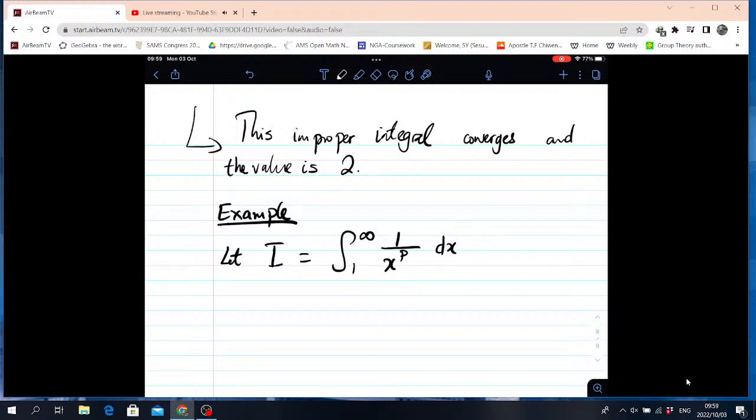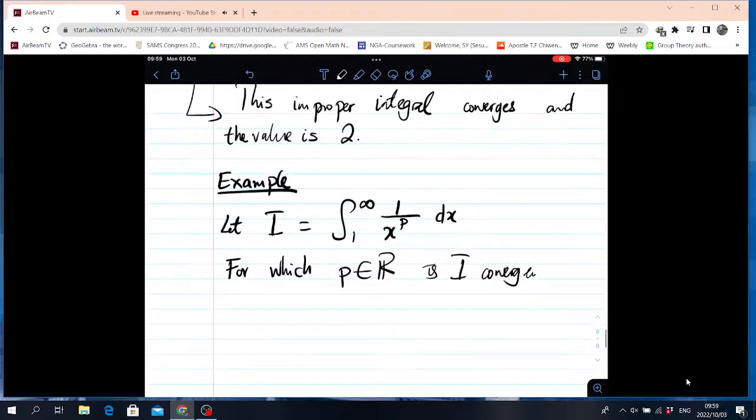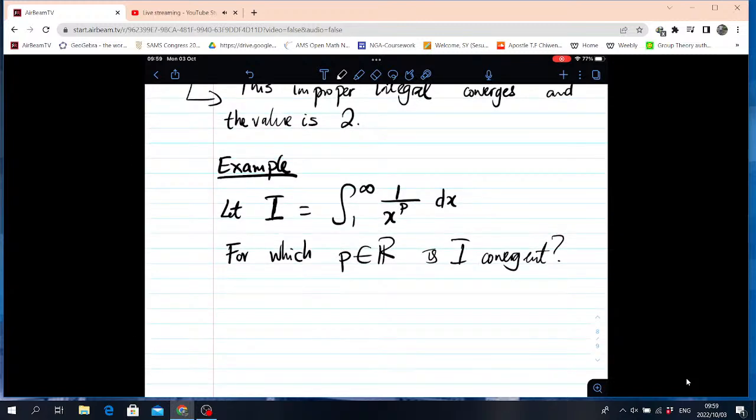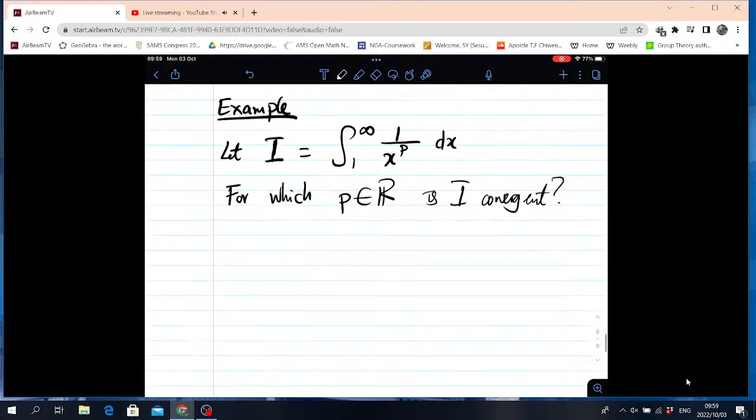And the question is, for which p is I going to be convergent? So that is the question there. Right, so let's look at some cases. We will subdivide it into cases and see what happens.